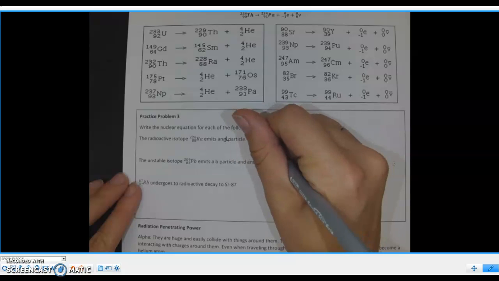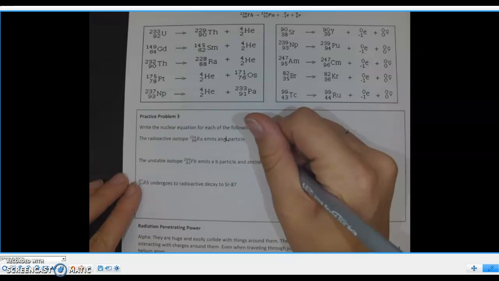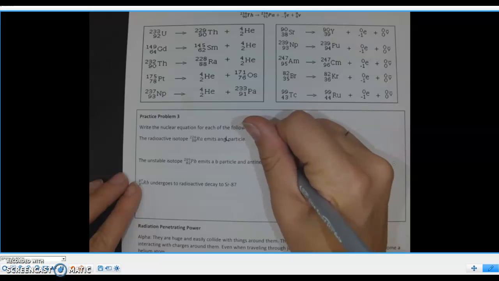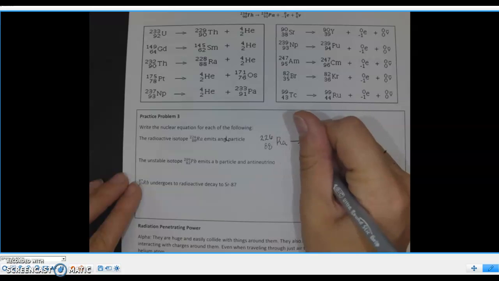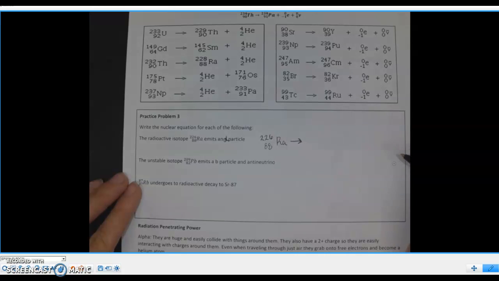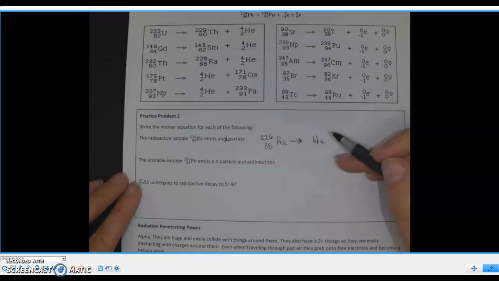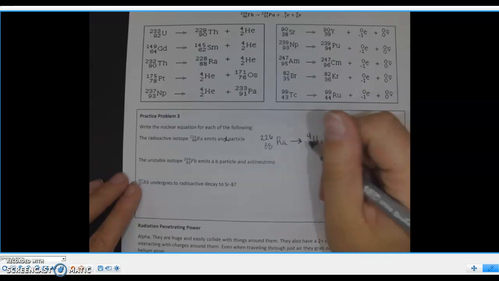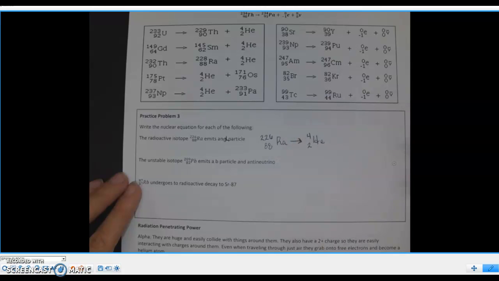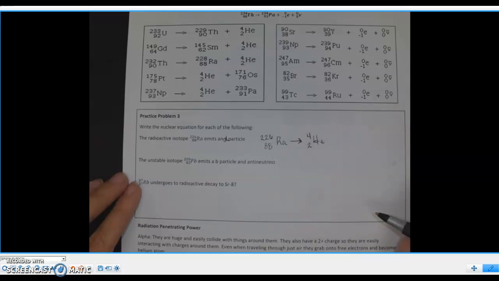So we're starting with radium, isotope 226. And we know that one item that's going to be produced is that alpha particle. And the alpha particle we represent as a helium nucleus that has a mass number of 4 and an atomic number of 2. Okay, so we have 2 protons, and then we have 2 neutrons, which added together gives us a mass number of 4.